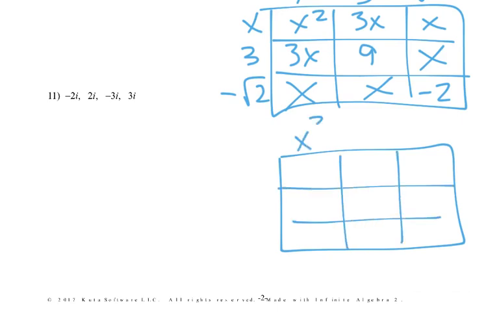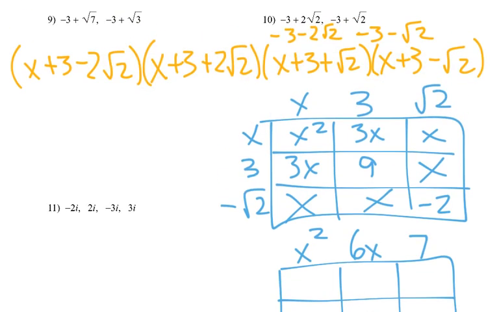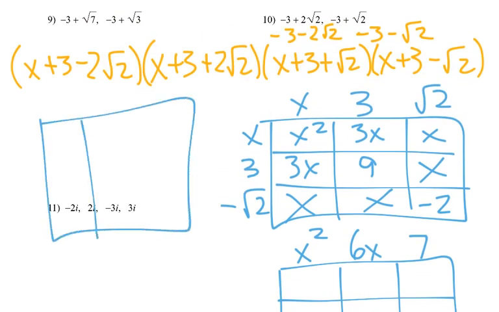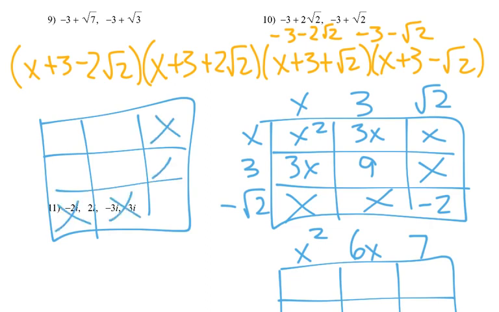And we've got x squared, we've got 6x, and we've got 7. Okay, if I do the other one, same idea, right? That'll cancel, those two will cancel. Because that's the way it always works. Just the way they're set up.